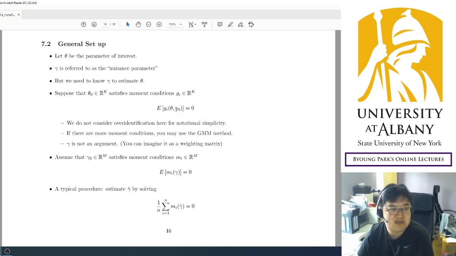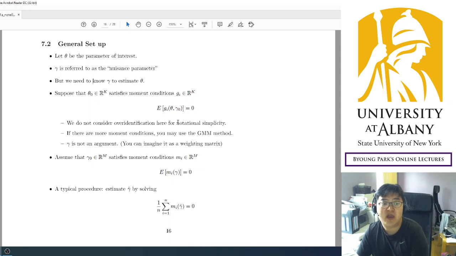The problem is that you do not know the value of gamma. So this gamma is referred to as the nuisance parameter, which means just an annoying parameter. We are not interested in gamma itself, but we need to know gamma to estimate theta. That is the main problem.